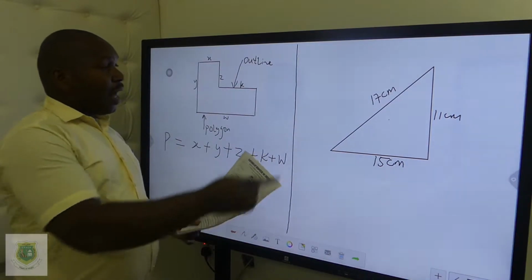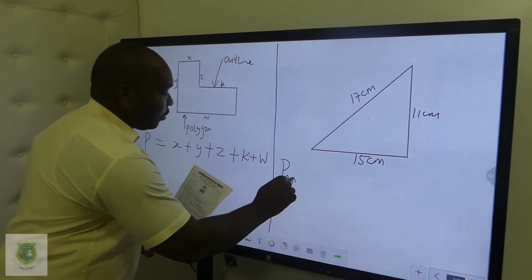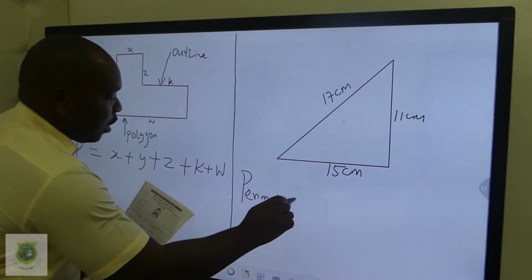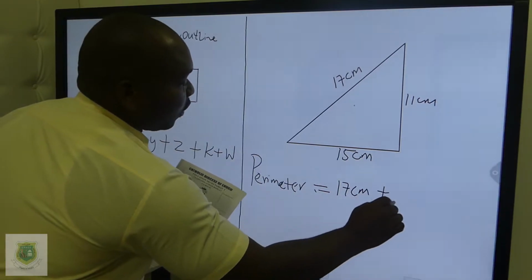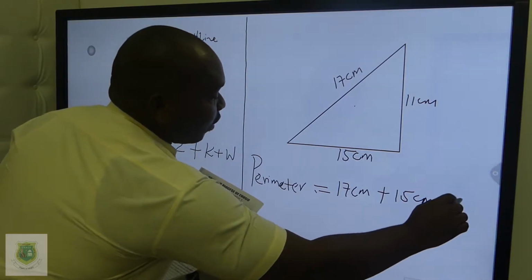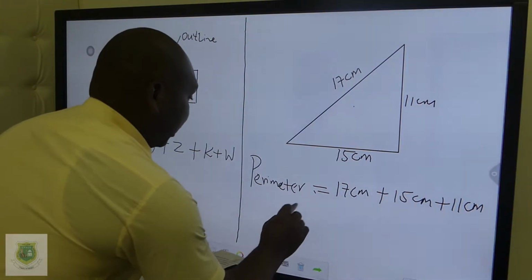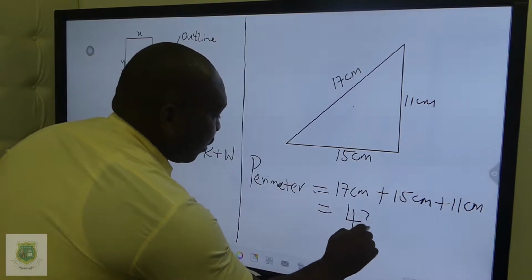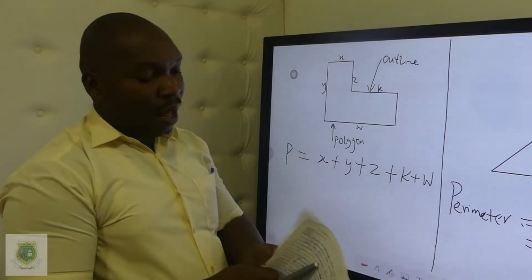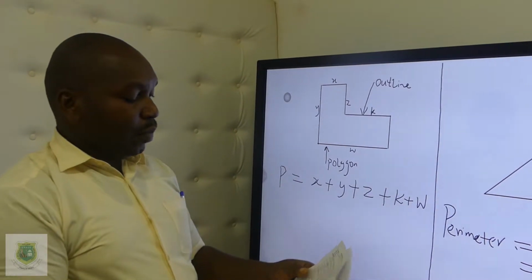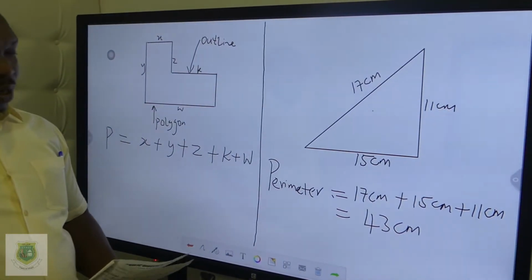So the perimeter of this polygon can simply be put together as perimeter equal to 17 centimeter plus 15 centimeter plus 11 centimeter. That is how we add it up, and this amounts to 43 centimeter. So this is how we calculate the perimeter of a plane shape. Simply add all the sides together, then it will give you the perimeter.